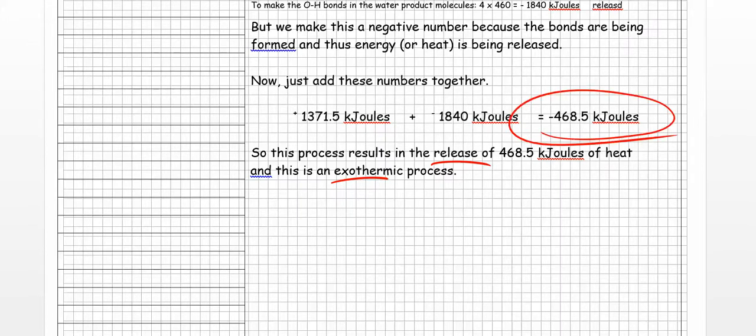After all had been said and done, there was a negative on the solution. That means that this is an exothermic process, because after all the bonds were broken on the left-hand side and the bonds were made on the right-hand side, and after we took into account that there were different numbers of moles for reactants and products, then 468.5 kilojoules of heat were released. Again, an exothermic process.